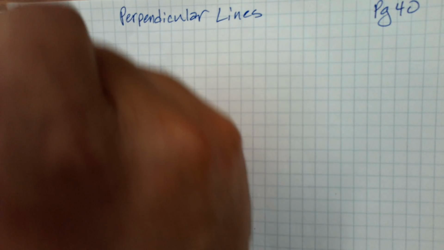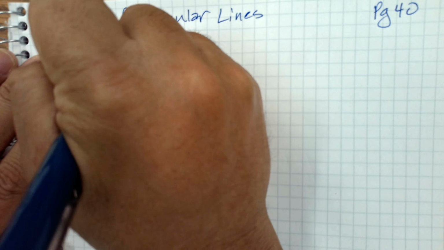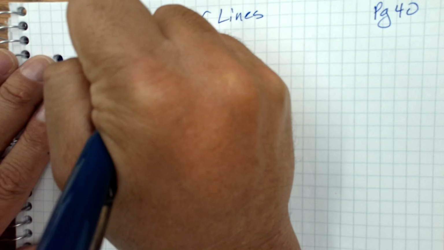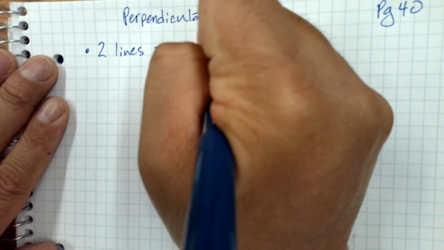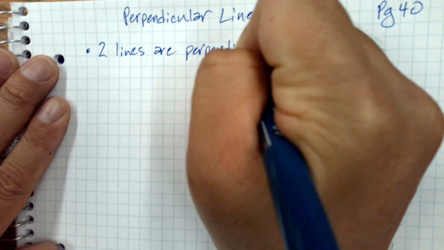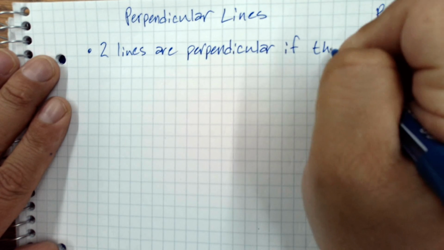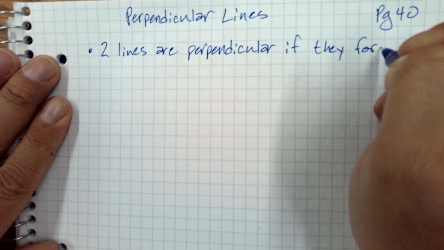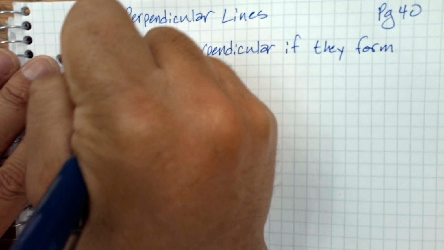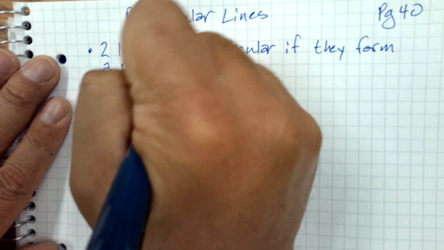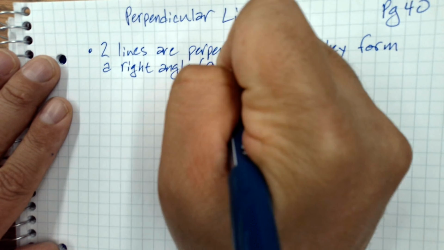So perpendicular lines. Two lines are perpendicular if they form a right angle, so that we're talking about 90 degrees.